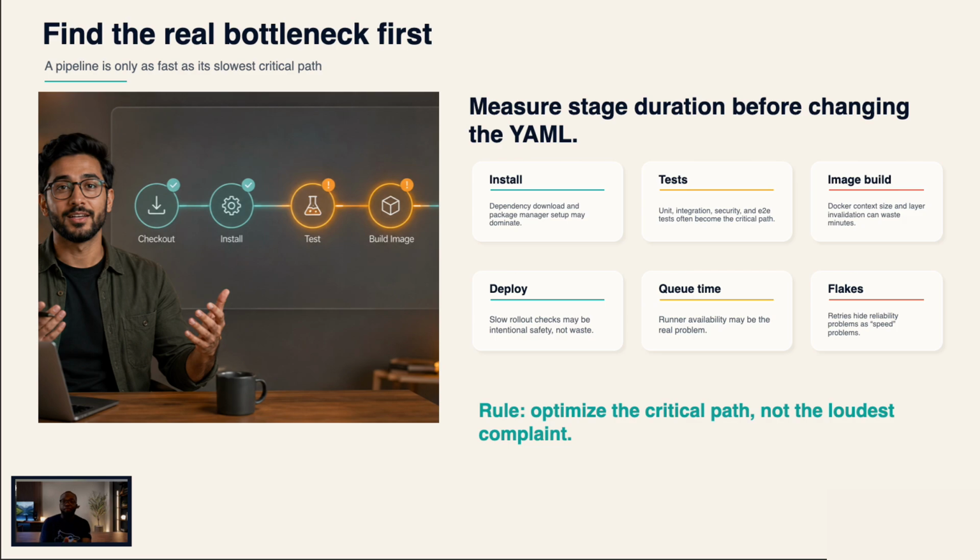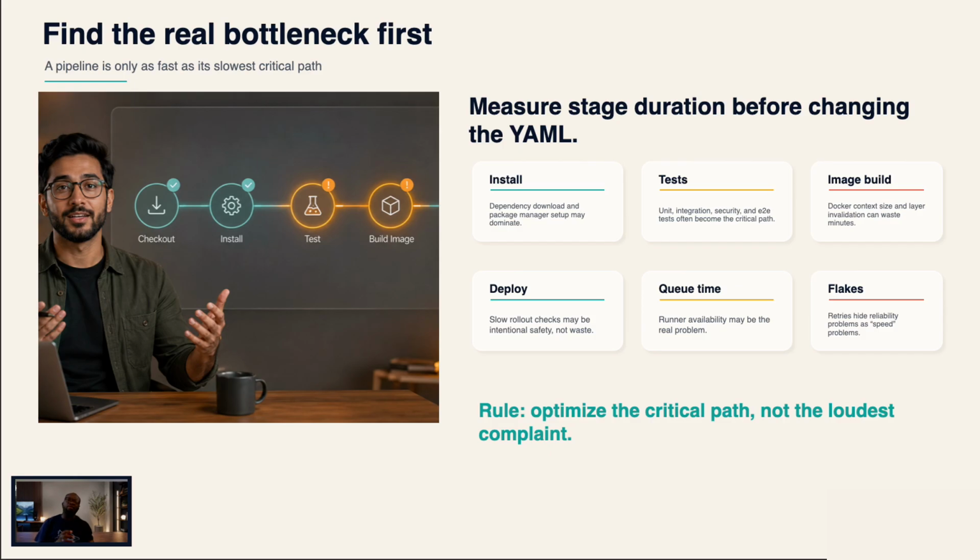Sometimes it's the Docker build that is slow because the Dockerfile maybe invalidates the cache too early. Sometimes we have varieties of cases. And sometimes the pipeline is just waiting in a queue because there are not enough runners, right? Sometimes flaky tests cause retries, and those retries are what waste so much time.